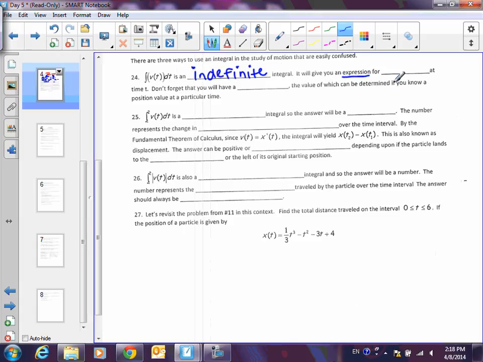What is this an expression for? Position at time t. When you integrate and there's no bounds, what do you have to write at the end? You have to write plus c. Okay, I want you to write these words, initial value.